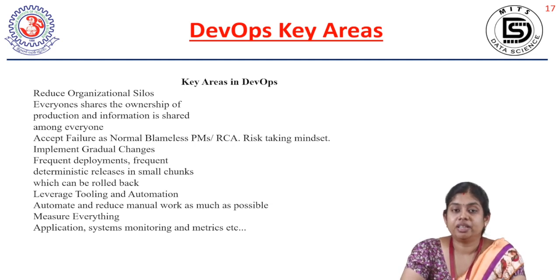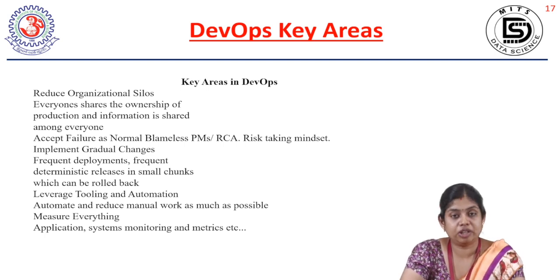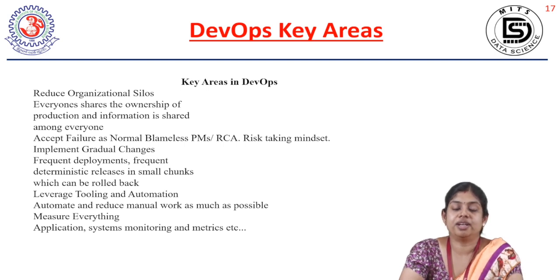But here, all the people are given the autonomy. All the people, right from the higher level to the lower, every person is given the autonomy, so that each one is responsible for the organizational vision.